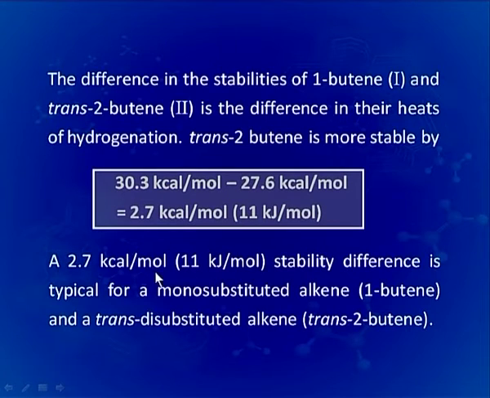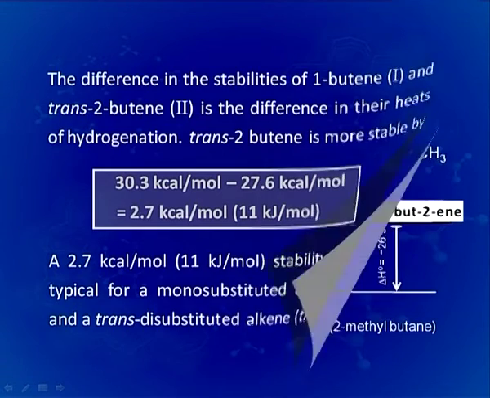A 2.7 kilocalorie per mole stability difference is typical for a monosubstituted alkene, that is 1 butene, when compared to a trans disubstituted alkene, that is trans 2 butene.